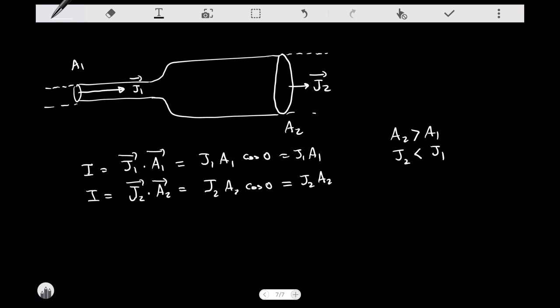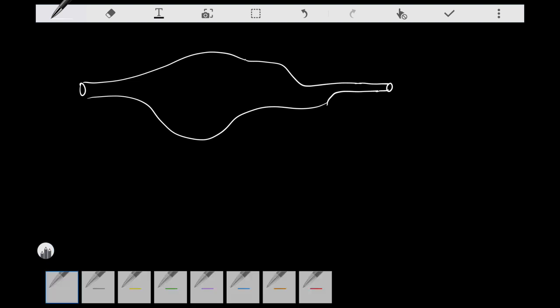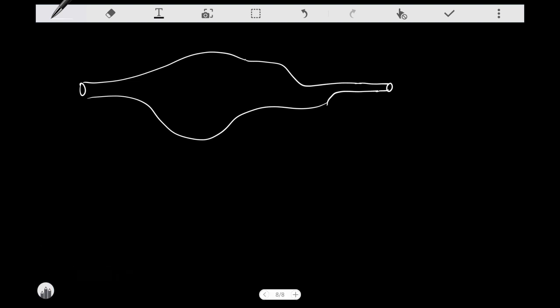So there are situations where the wire is very non-uniform. We don't usually meet these kinds of situations, but in reality this might happen. So in these situations, the current density may also depend on the points in question.